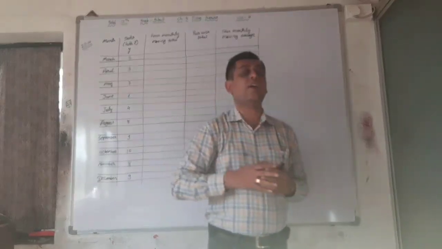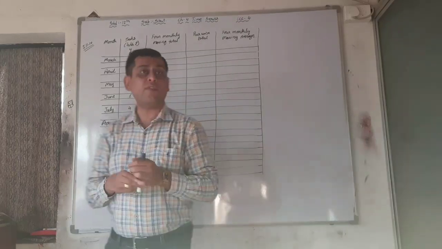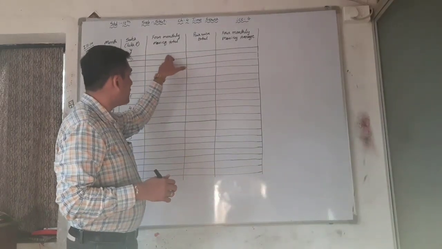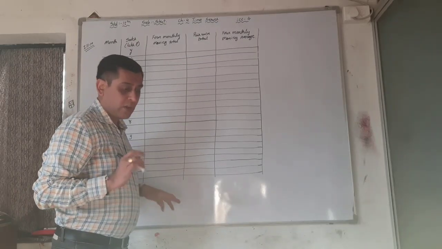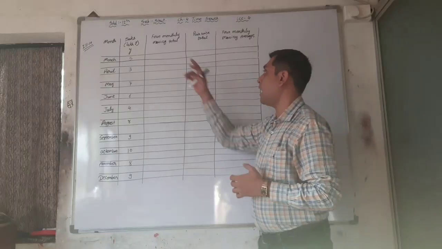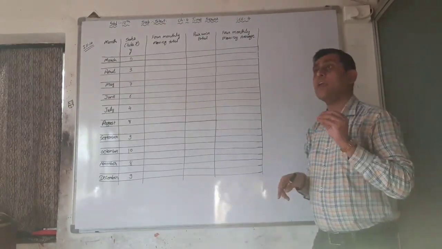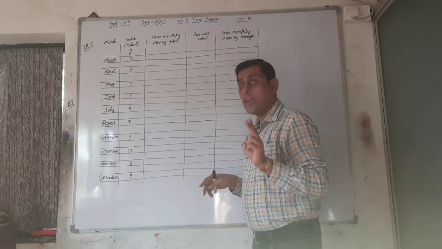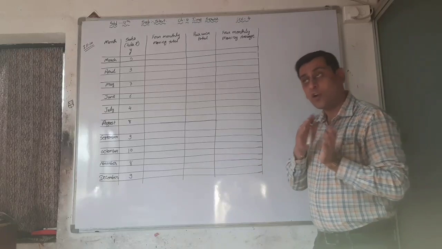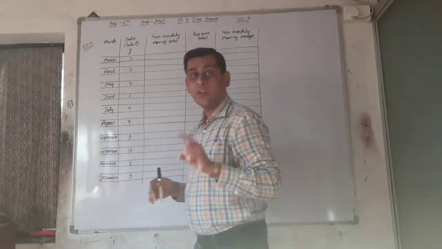See, in the 3 yearly moving average, we are leaving the first data and the last data, because we cannot find the 3 yearly moving average of the first year and last year. Same way, in the 5 yearly moving average, we are leaving the first 2 years data and last 2 years data, because we cannot find the 5 yearly moving average of the first 2 and the last 2.